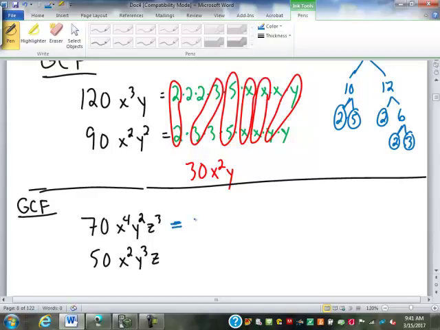If you factor 70, sorry, if you factor 70, it's 2 times 5 times 7.